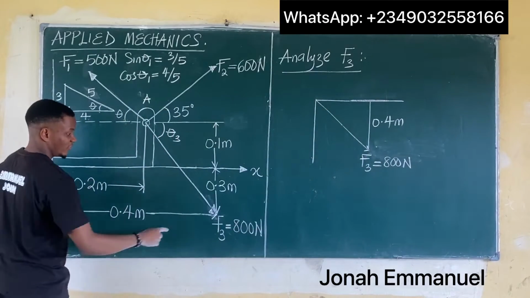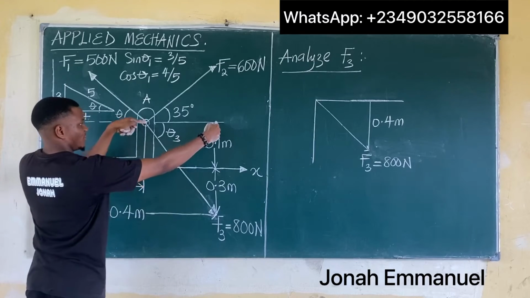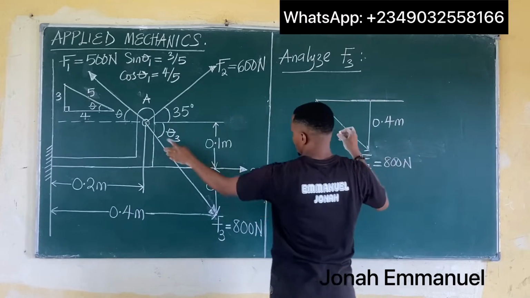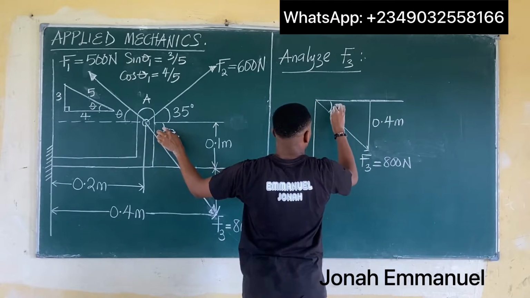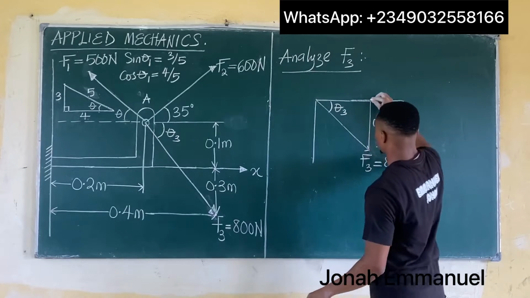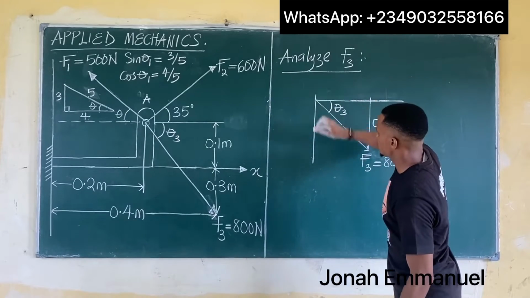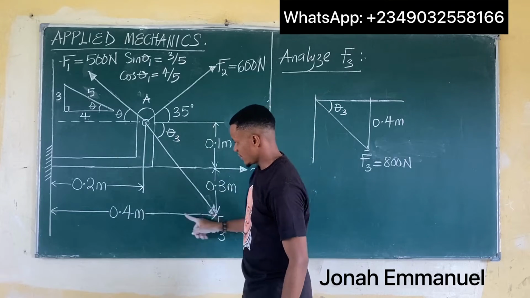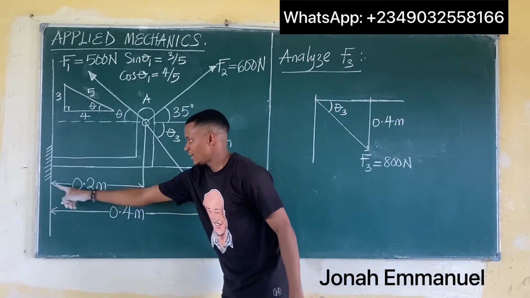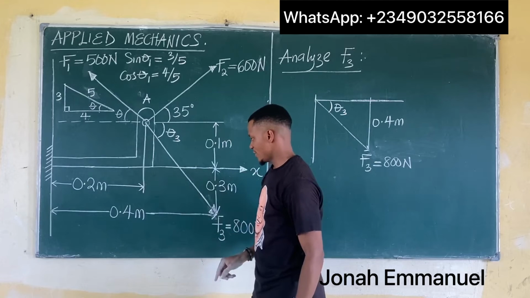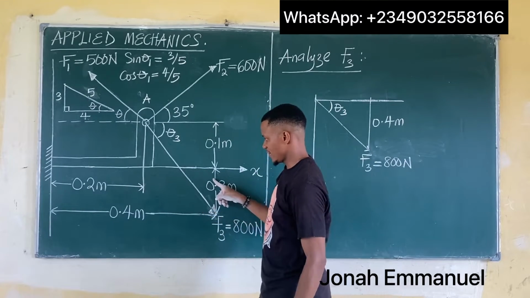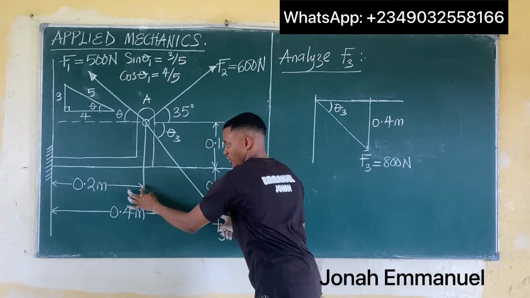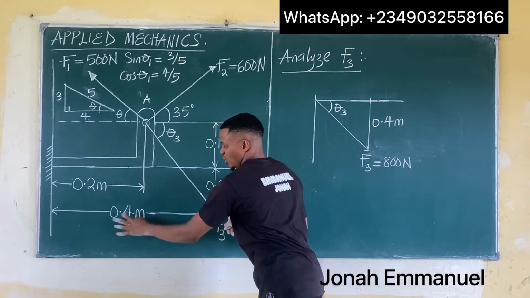Also observe the distance from here to here. From the triangle, because this is theta 3, what will the distance from here to this point be? From here to here is 0.4, and from here to here is 0.2. Hence, from here to this point, which is the same as here, has to be 0.2 plus another 0.2 to give me 0.4.